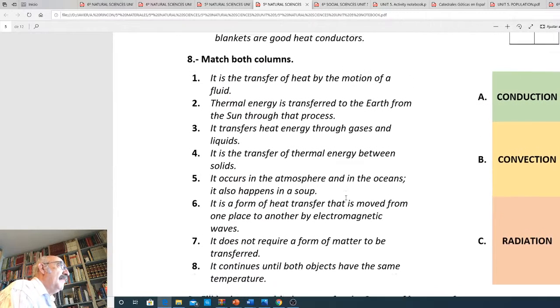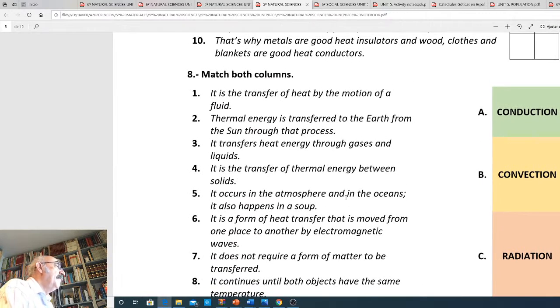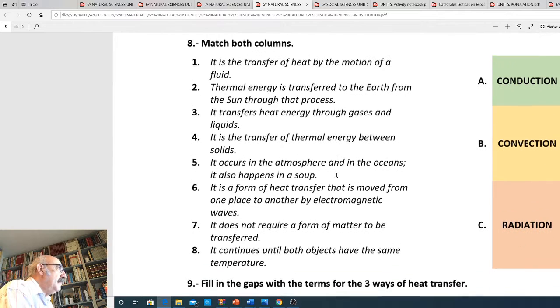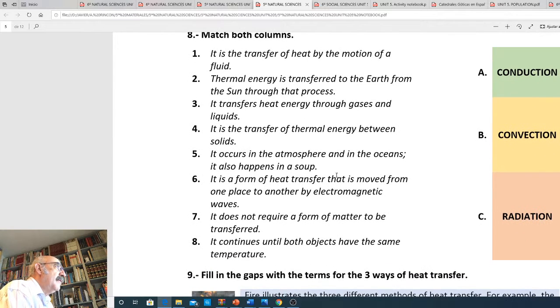Maybe you remember that we were working about thermal energy. You have here this exercise about the three ways in which thermal energy is transferred. You have here eight items, and we're going to correct it. So be attentive, please, because I want your contribution.